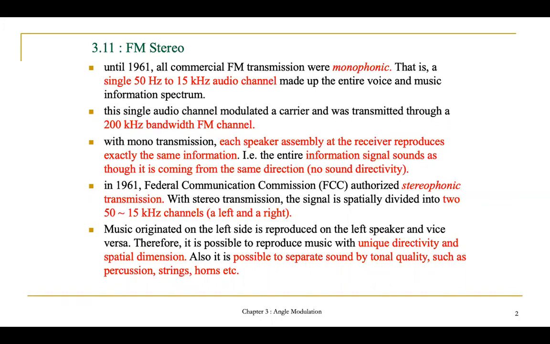Monophonic transmission means that it uses only a single 50 Hz to 15 kilohertz audio channel, which makes up the entire voice and music information spectrum. This audio channel modulated a carrier and was transmitted through a 200 kilohertz bandwidth FM channel.